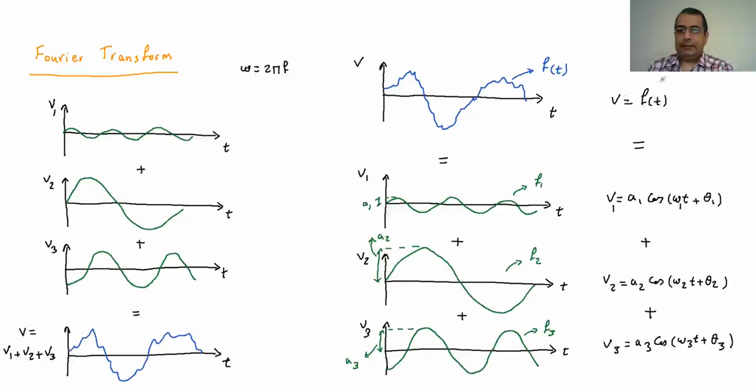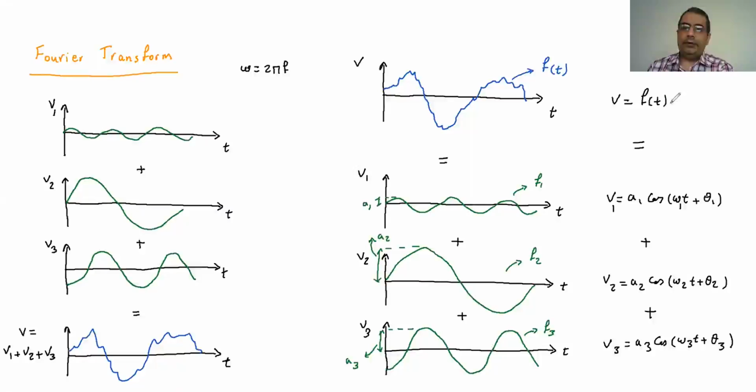So instead of whatever I have here, which I don't know what it is, I can write it in this one and say, okay, f(t) is equal to v1 plus v2 plus v3, or in other words, v(t) is equal to a1 cosine(omega t plus theta 1) plus a2 cosine(omega 2t plus theta 2) plus a3 cosine(omega 3t plus theta 3).